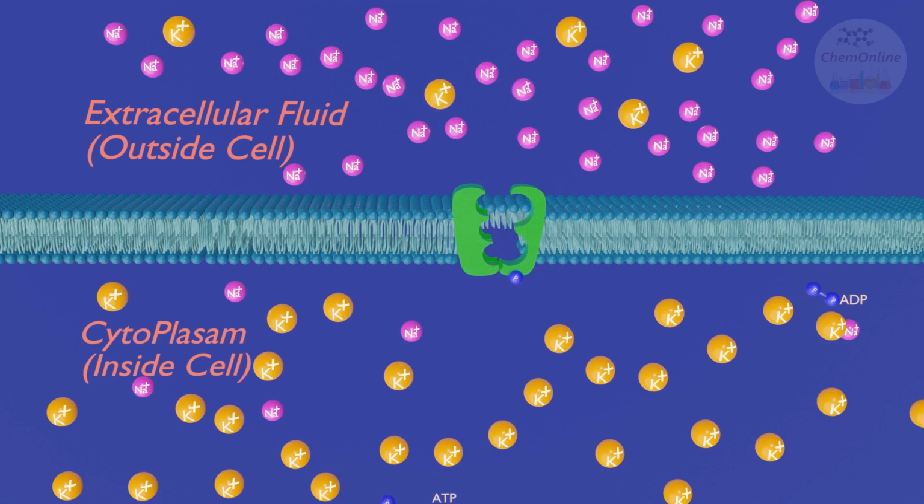In doing so, it pumps 3 Na+ ions out of the cell. At that point, 2 K+ ions from outside the cell bind to the enzyme. Again, a conformational change occurs and K+ ions are transported into the cell. And this process repeats.